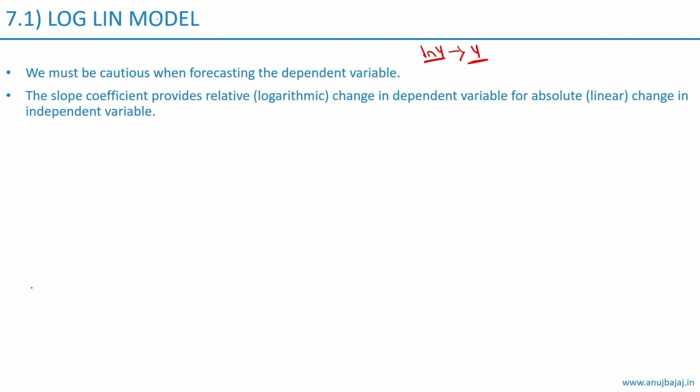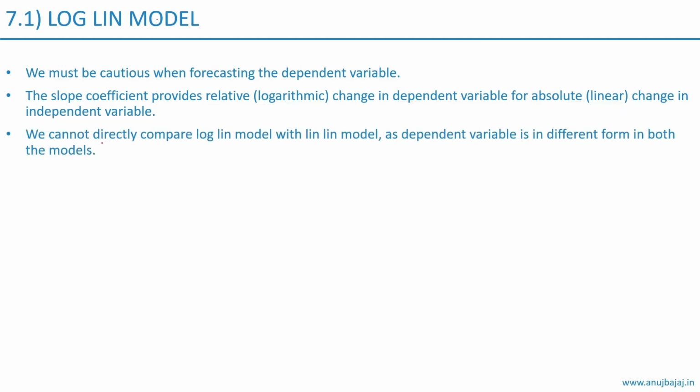The slope coefficient provides the relative, or logarithmic, change in the dependent variable for an absolute, or linear, change in the independent variable. So in the previous case, the slope coefficient was 0.1087. This indicated that for a 1 unit increase or decrease in the independent variable, the dependent variable's logarithmic value will change by 0.1087.